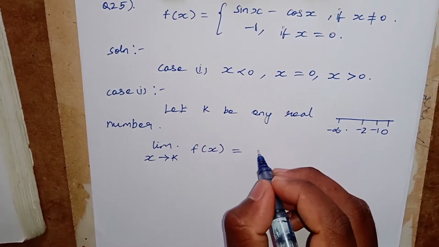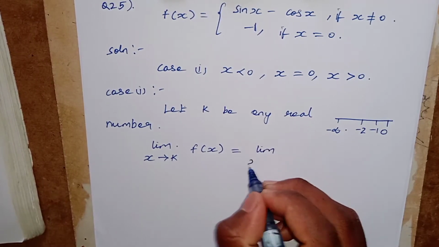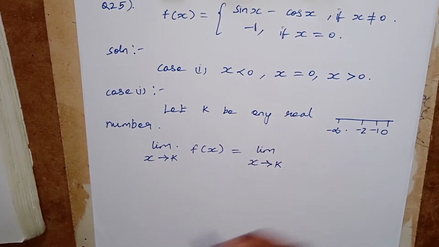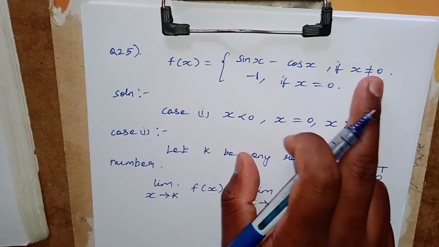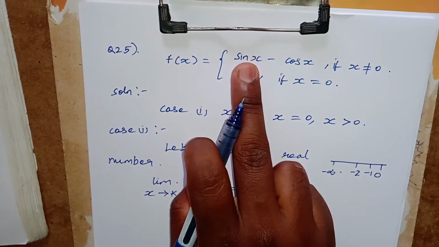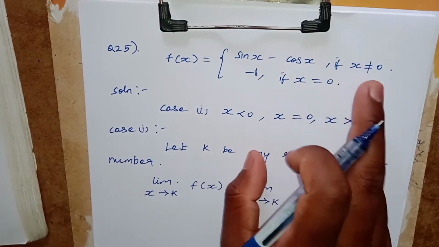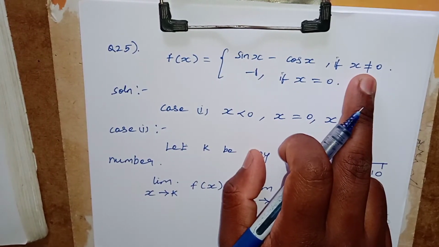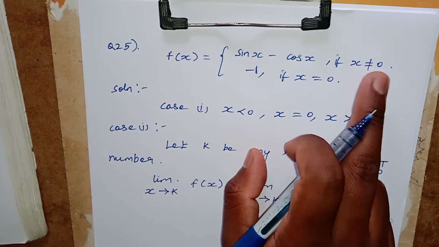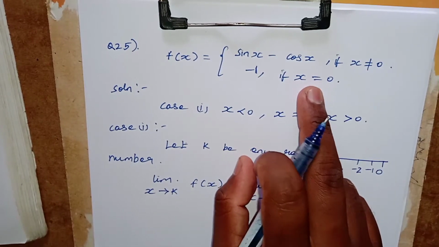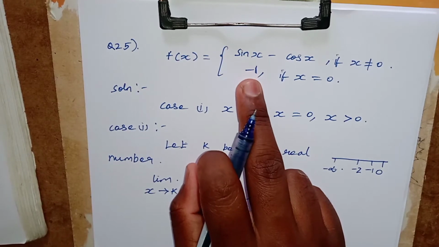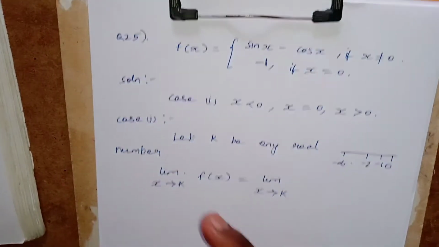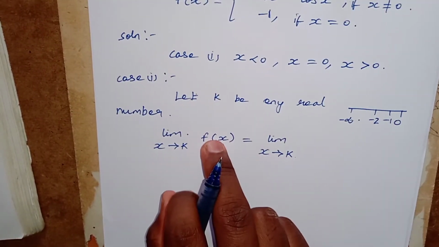Here you have to take the function for less than 0, so sin x minus cos x, because for x less than 0 we take this, and for greater than 0 we can take it too, but at the exact point x equal to 0, we have to take minus 1. This is my function.